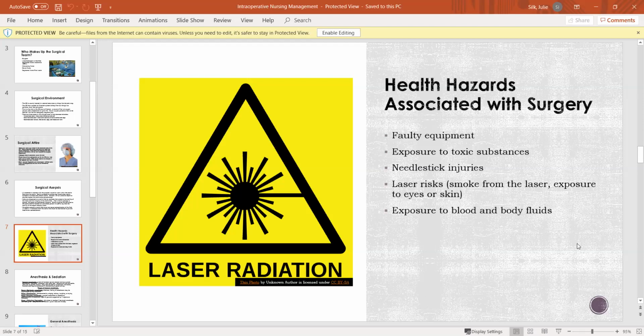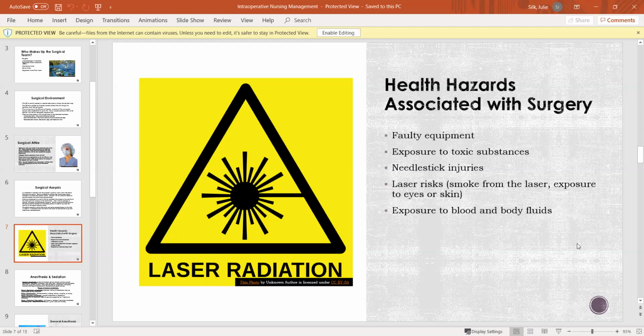Lasers would be something more specific to the OR, I think. Occasionally you'll have a surgery where they use a laser and you get smoke that develops from this laser, and exposure to your eyes and skin can cause problems. So anytime you use a laser, you have to have special eye gear, and you have to have your skin protected as well.